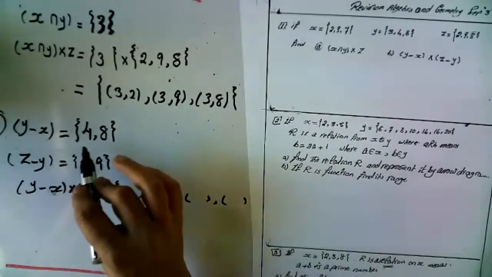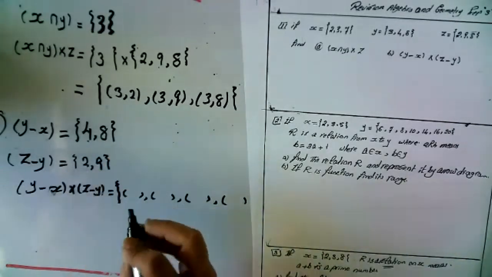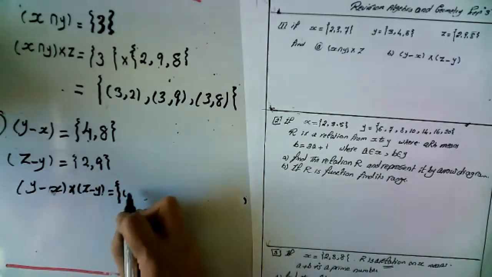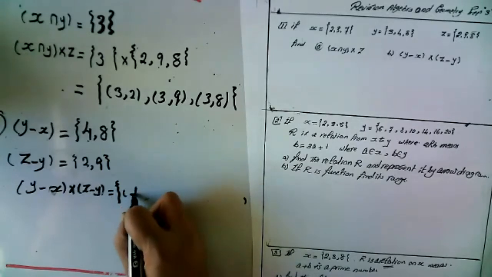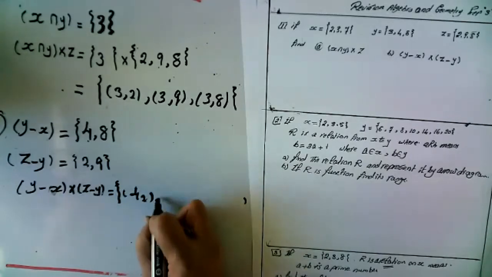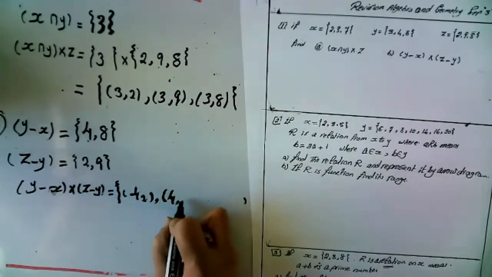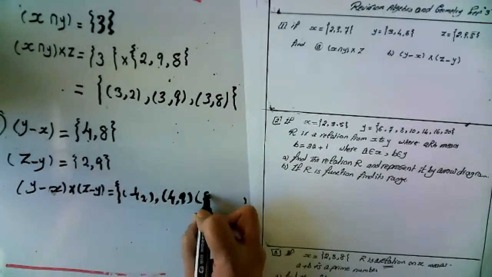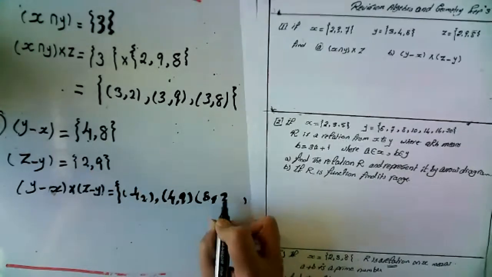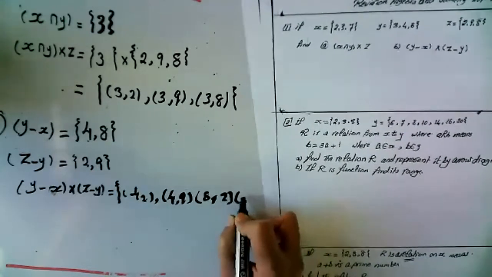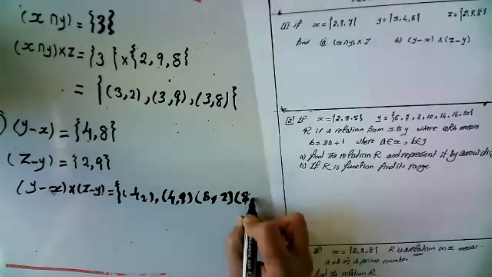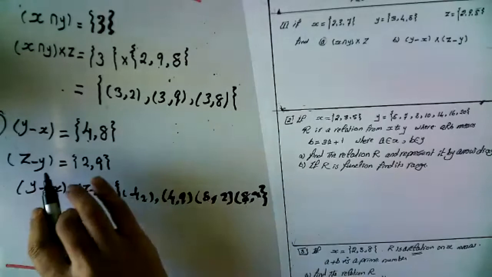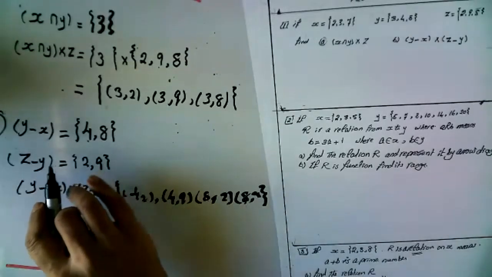Form the pairs: (4, 2), (4, 9), (8, 2), (8, 9). This is the Cartesian product of two sets.